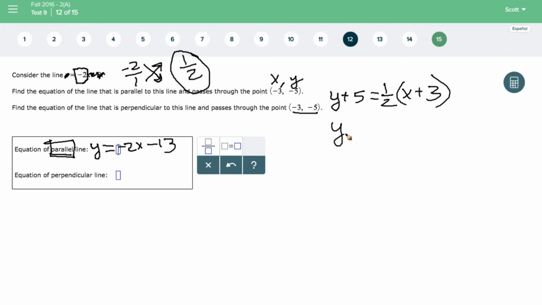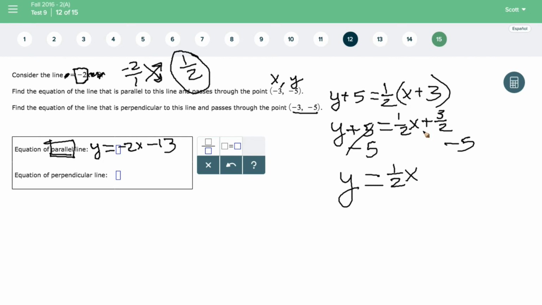Now we'll distribute: y plus 5 equals 1/2 x and positive 3 over 2. Now we'll minus 5, that cancels out. We have y equals 1/2 x and 3/2 minus 5. 5 is the same thing as 10 halves.